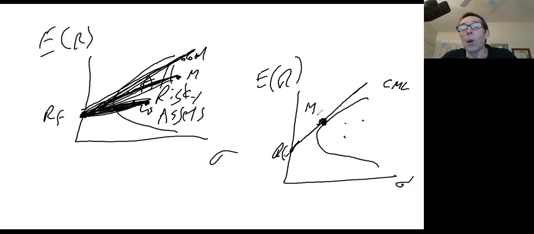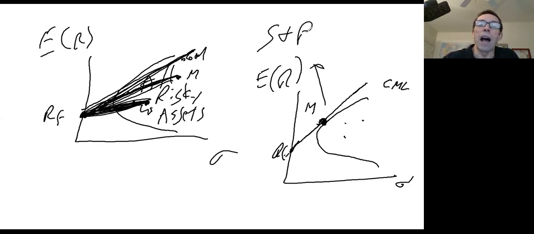Well, as you're probably aware, we do have such a proxy for the market portfolio, and it's called the S&P 500. The S&P 500 is 500 large cap stocks that are all U.S. stocks. There's no international stocks there. A lot of people think that it is the 500 largest stocks. That's not true.